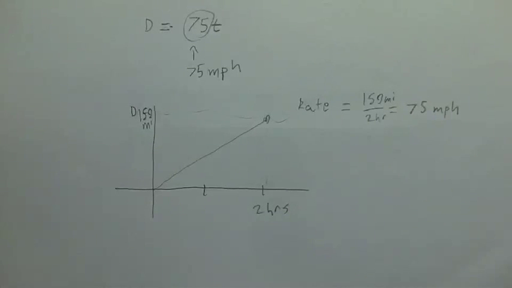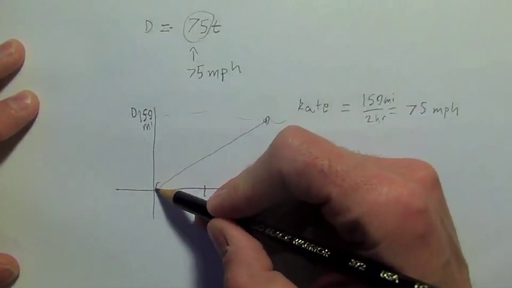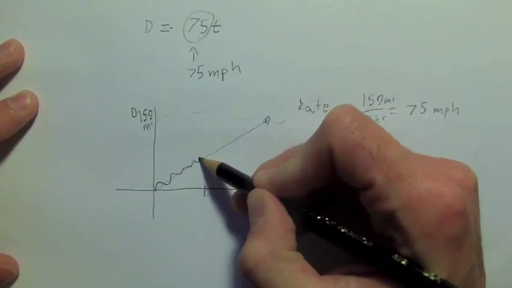But here's the real question. When you're driving down the road, do you ever actually travel at exactly 75 miles per hour? Even if you set your cruise control to 75, you're still oscillating around 75. You're never actually there. So what your distance would look like is probably more like something like this.